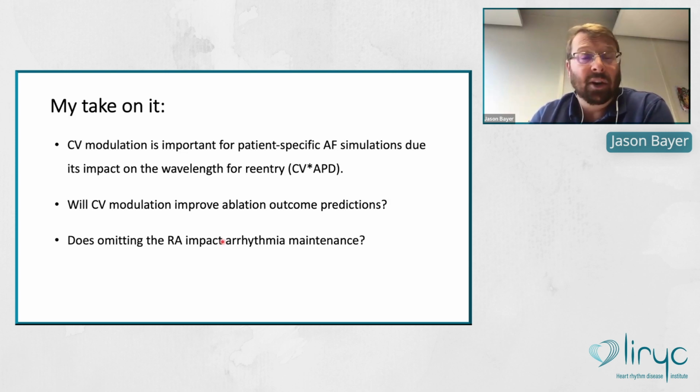It's just something I don't know. We do this often to increase speed, as well as eliminating the amount of data we have to match in both atria. But I don't know any good studies. Maybe Ed or someone else knows, but have we really ruled out the impact of the right atrium and maintenance of left atrial arrhythmias?